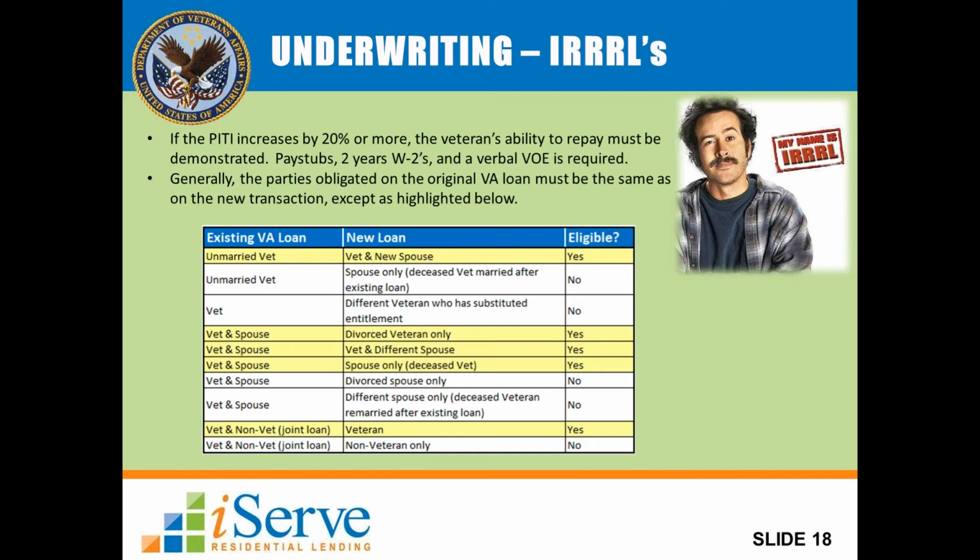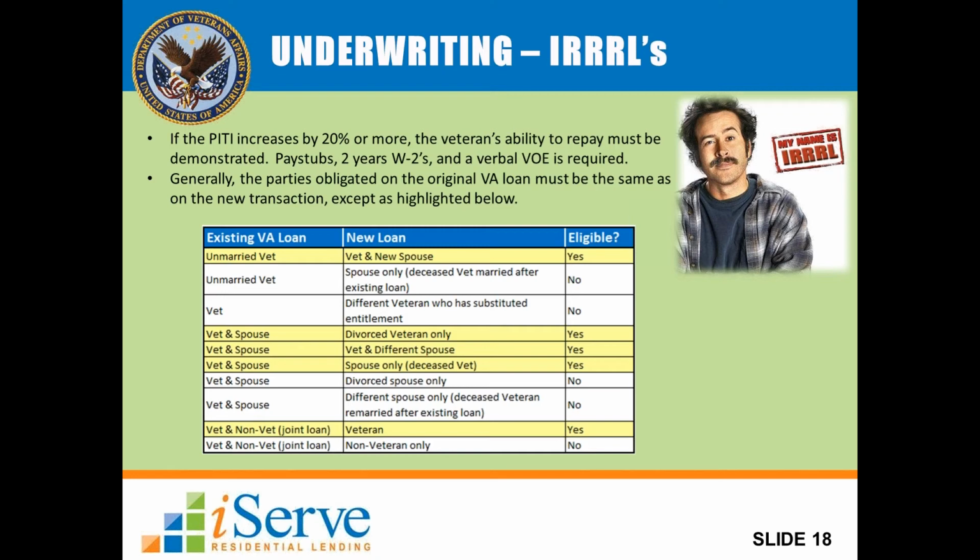Who can go on an IRRRL loan? Well, generally it's whoever was on the previous VA loan; they should remain on the new loan. You're probably gathering by now that, like most things, there are exceptions to the rule. The chart below itemizes some of those exceptions, highlighted in yellow. For example, if on the existing VA loan we had an unmarried vet who has since gotten married and wants to put their spouse on the loan, that's fine.